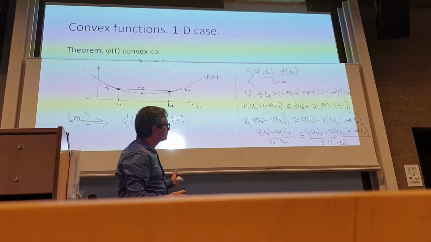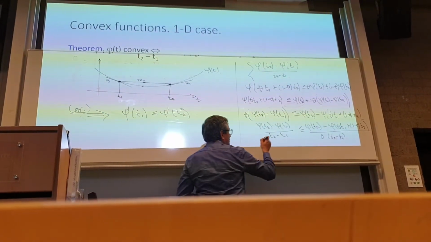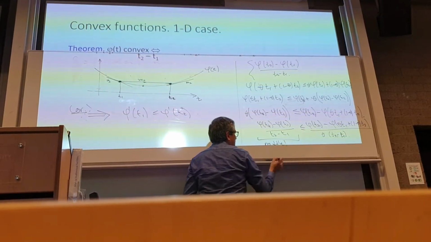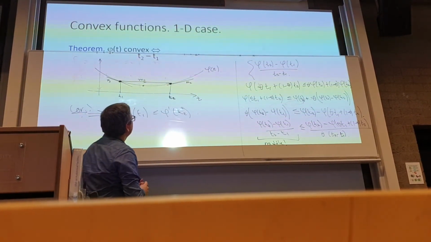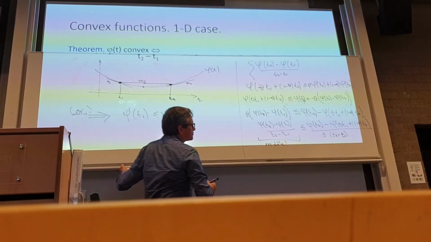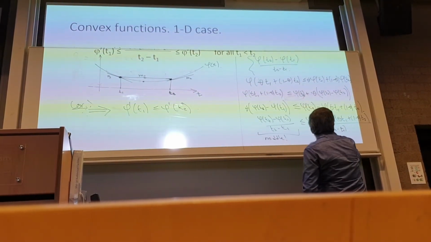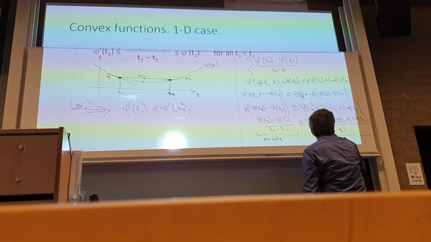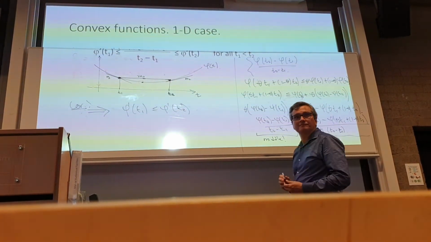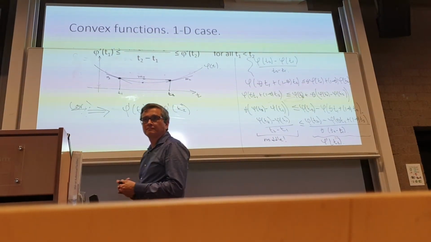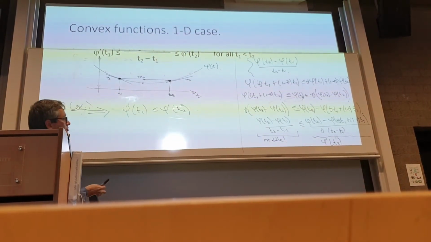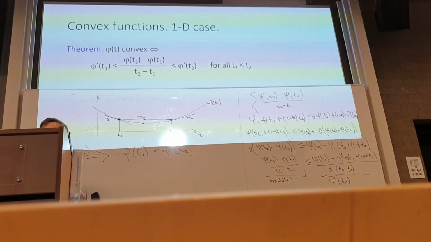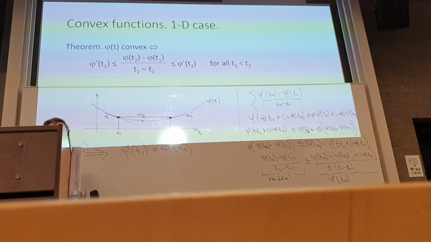So now I have here in the middle my middle term. Now I want to get the left part. So the question is, somehow I need to relate this with phi prime of T2, because I want to show that the middle is less or equal than phi prime of T2.